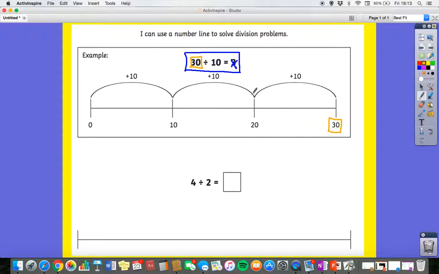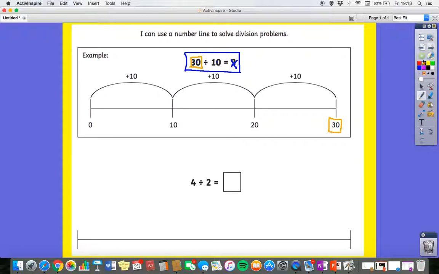If I couldn't get another group of 10 and ended up at 35, then I might have a remainder. But this one has no remainders. None of these ones for the jumps have remainders just now. I'm not ready for that yet until we learn the method confidently. Okay, so we want to finish up at 30.